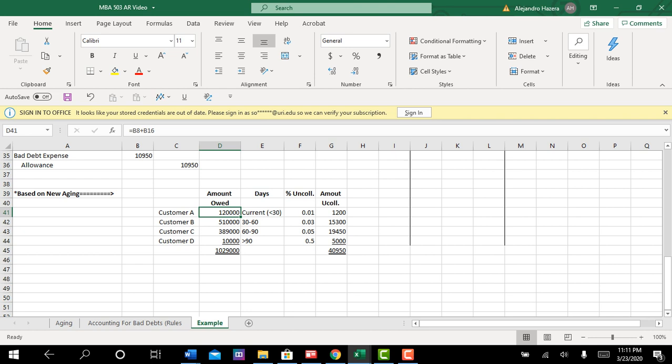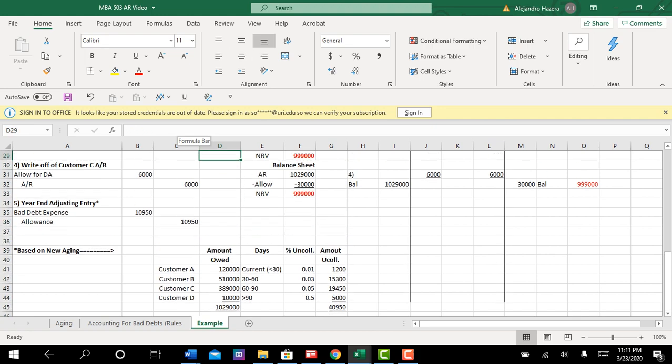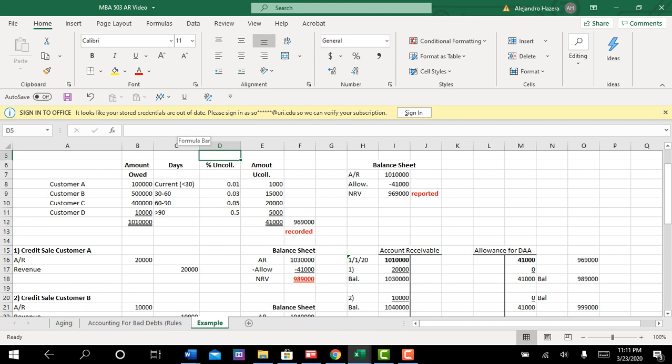You'll notice that this number here, I'm going to have to go up, is B8 plus B6. And that's why I'm sending you the worksheet. You're going to go back to the worksheet, or you can look at the video. You can go back and forth on the video. But customer A, that has changed because customer A originally owed $1 million. However, we had a credit sale to customer A for $20,000.